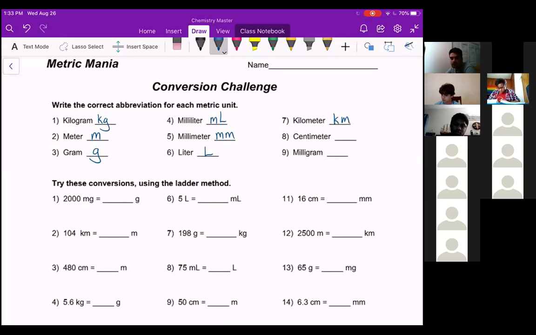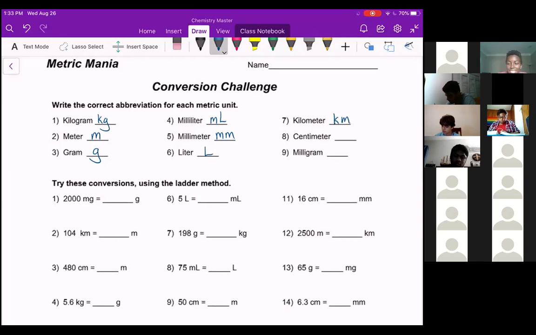Ariana, how about centimeter? CM, very good. Whitney, how about milligram? MG, very nice. Look at that, we just did 9 homework problems, fantastic.